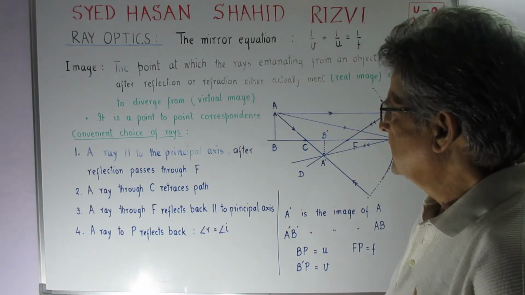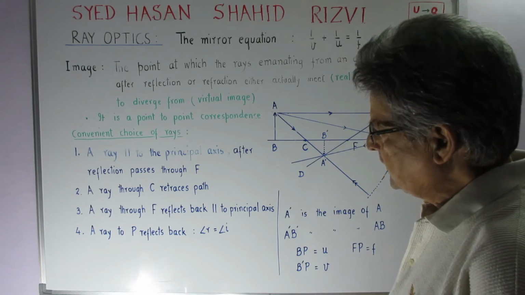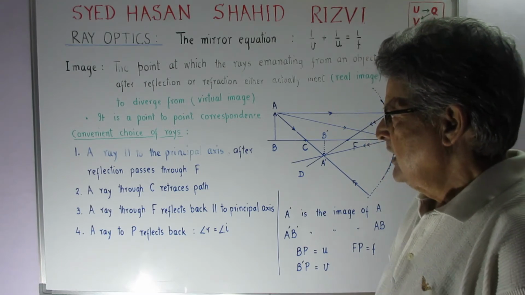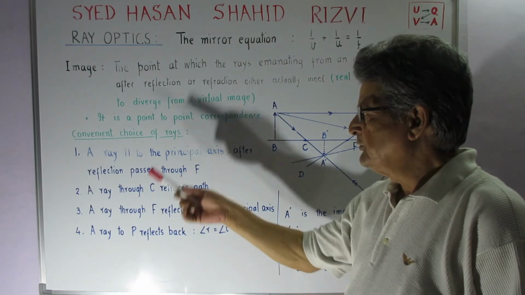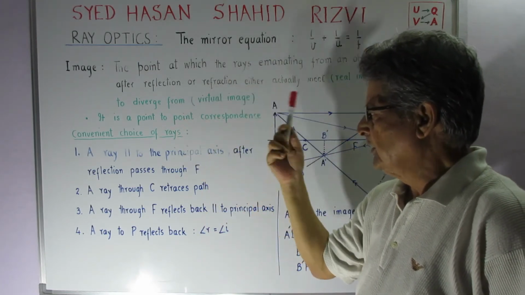We'll see when the image is real and when it is virtual. Between the image and the point of which it is an image, there is a point-to-point correspondence.